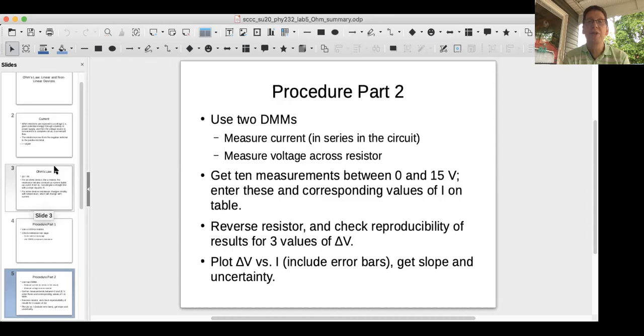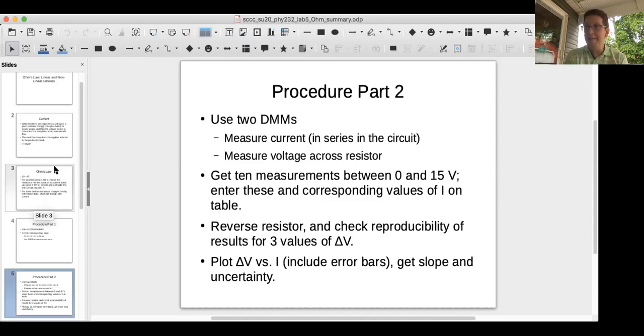You're going to get 10 measurements between 0 and 15 volts. We'll have a circuit connected to a power supply, and we're going to vary the voltage between 0 and 15 volts and get the corresponding values of the current. I forgot to reverse the resistor. That part is not included on your video, but you do go up to 15 volts.